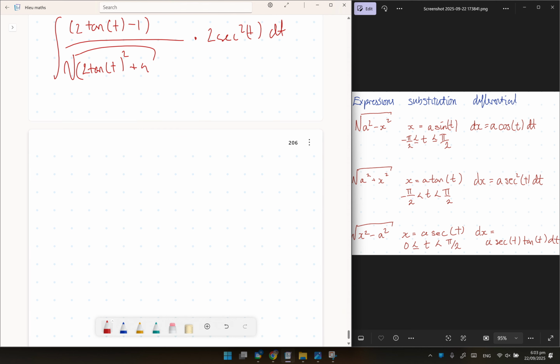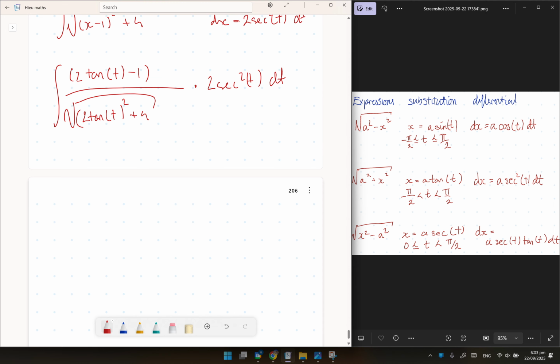So 2 tan t all squared is 4 tan squared t. Let's work on this.